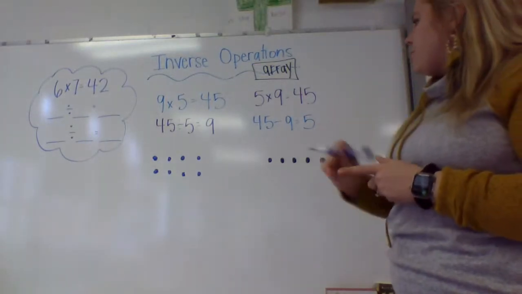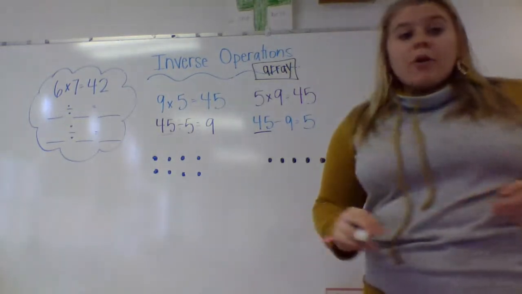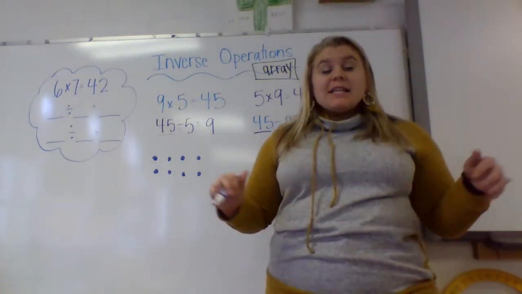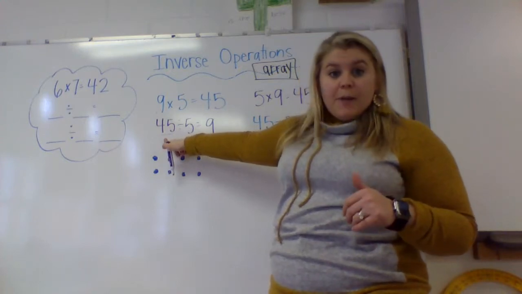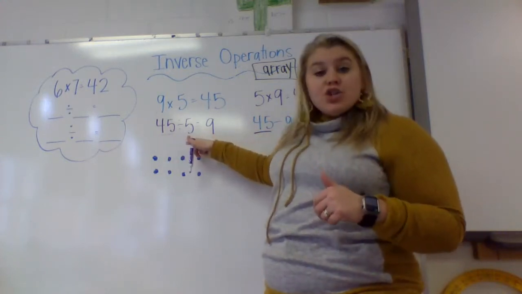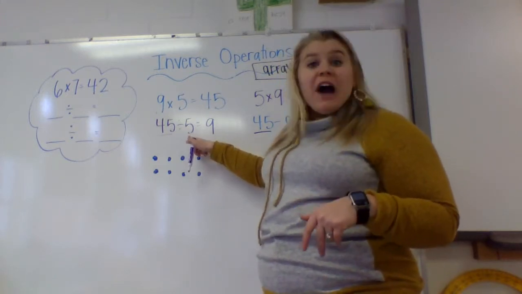If you look up here, you notice that when we divide, we always start with our bigger number. Because division is, if I have 45 pieces of bubble gum and I want to divide it equally, I'm going to share it equally with 5 friends.